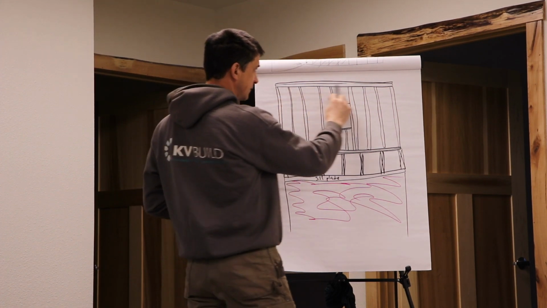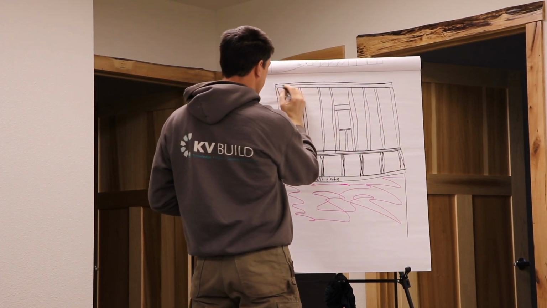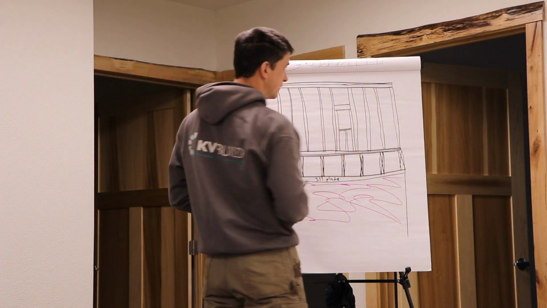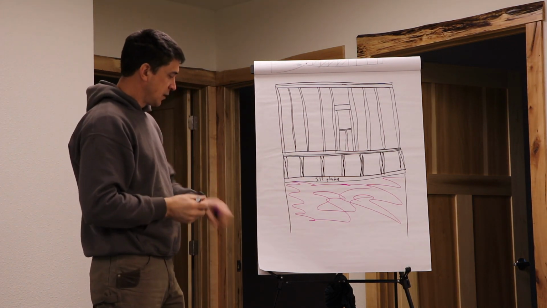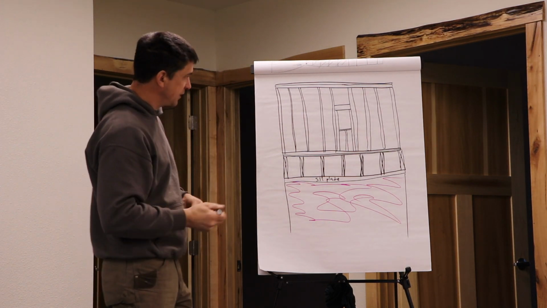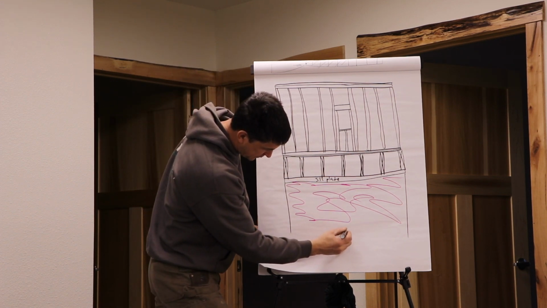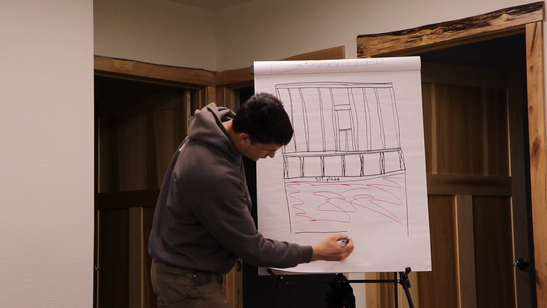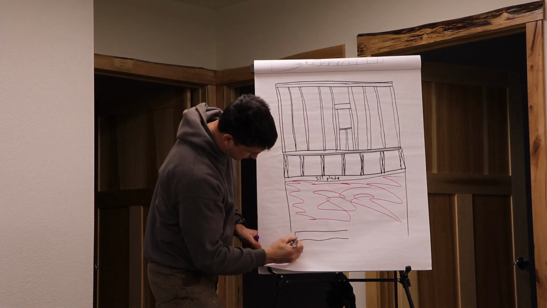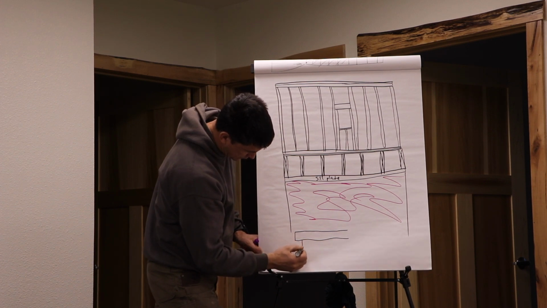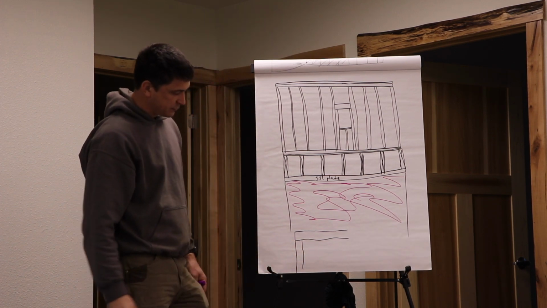Then we have our top plates, and in this drawing, we've got a double top plate. When we're looking at tying corners of walls together, there's where our corner comes together.